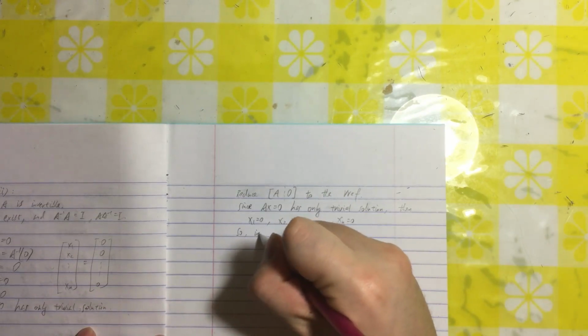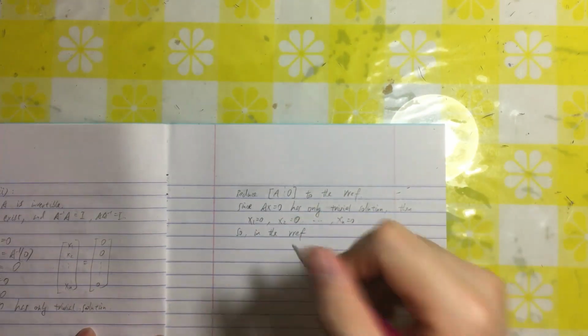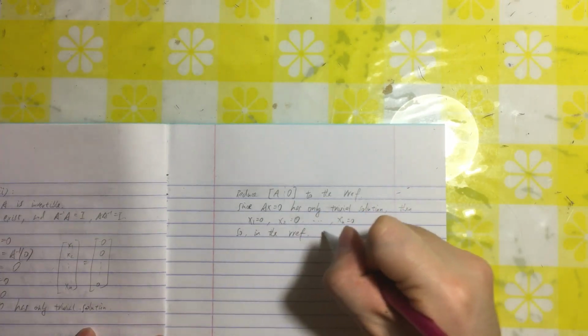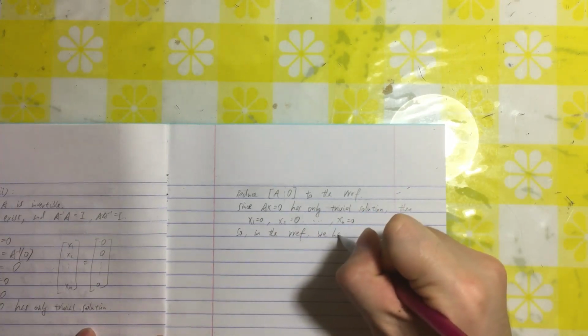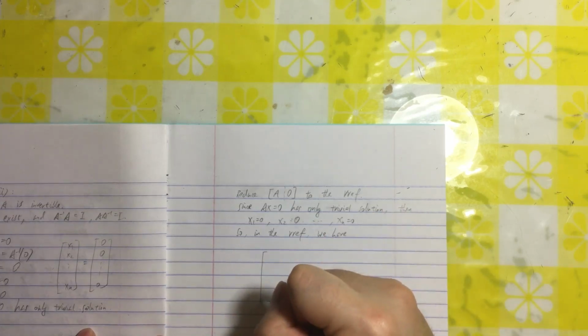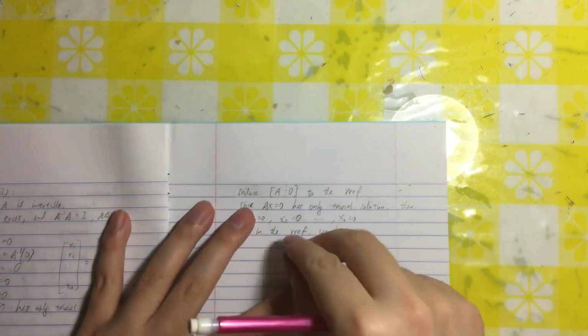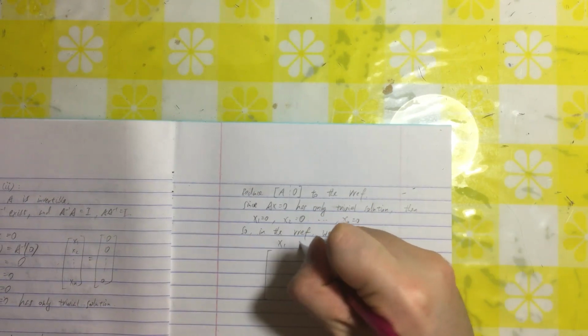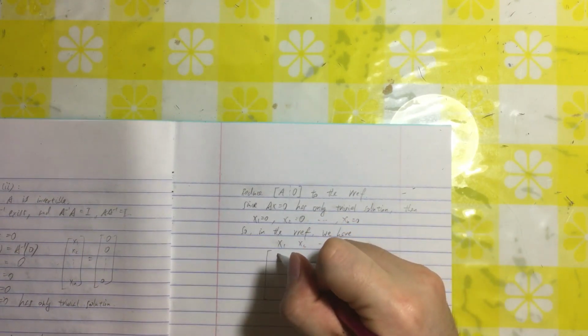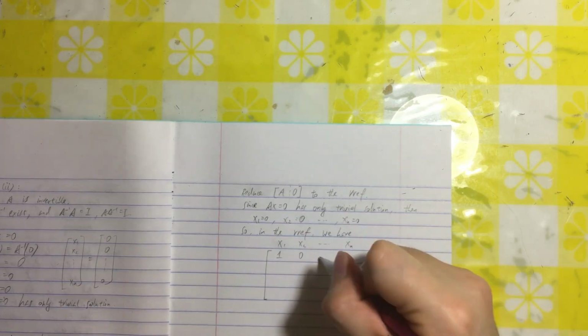So in the reduced row echelon form, in the first column, the coefficient of X1 in the first row is 1. The coefficients of the rest must be 0.